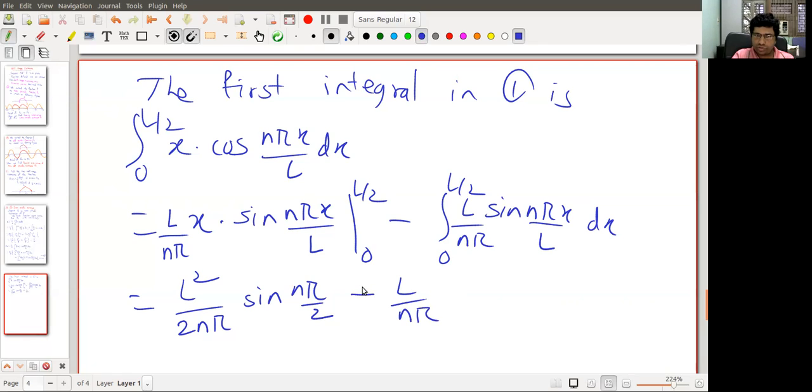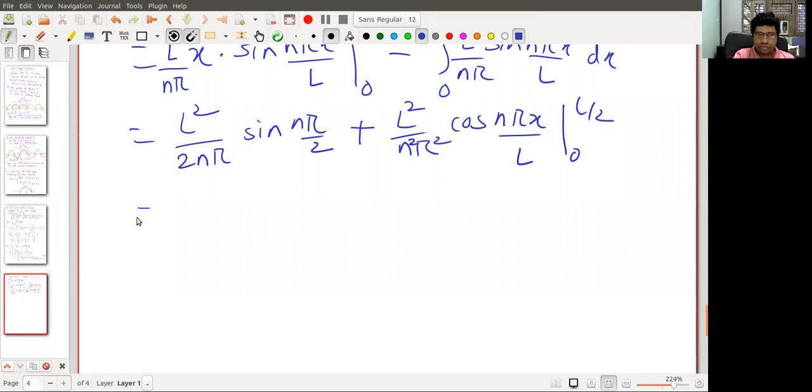Okay, so I should write here plus cos n pi x by L divided by n pi by L. So it is L square by n square pi square. Limits are 0, L by 2.